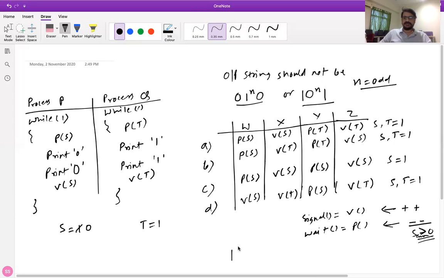It means that if we are using 0, then how many 1s should be there? Either 1 or 3 or 5 in that way. So the smallest string, let's say we have only one 1. So it will be 1 0 1 0. This is the first smallest string that is possible, and for that the smallest string is 1 0 1.